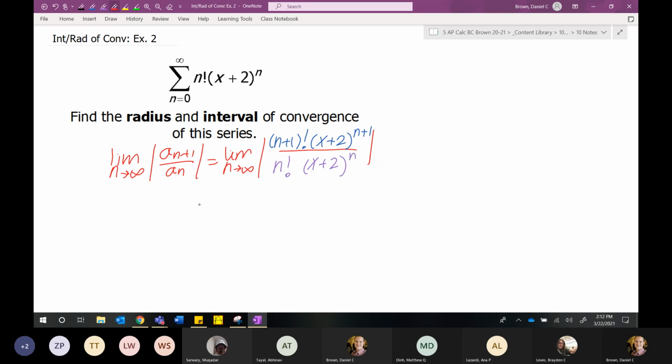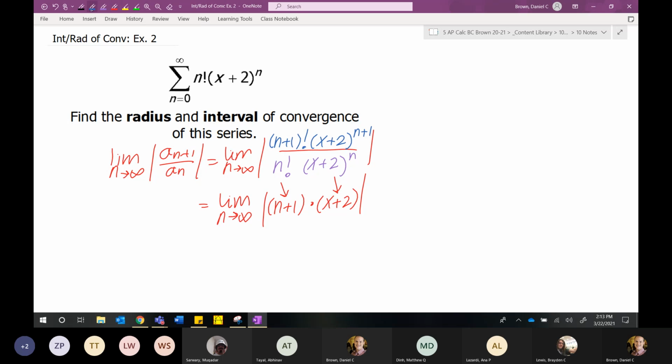And then we can simplify it. (n plus 1) factorial divided by n factorial is just going to give you what? n plus 1. (x plus 2) to the n plus 1 divided by (x plus 2) to the n is just going to give you what? x plus 2 to the first, but x plus 2.